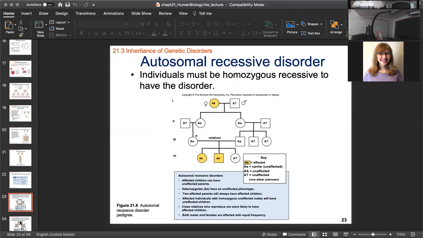Write it down. Okay, you can have one we call autosomal, and the other we call sex-linked or X-linked.